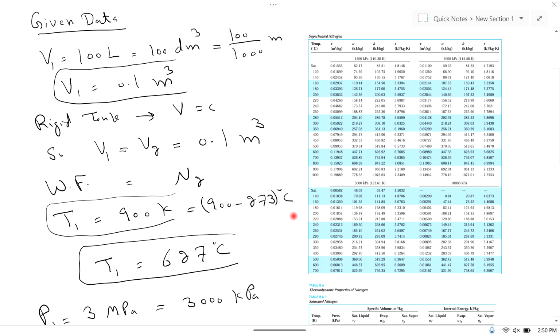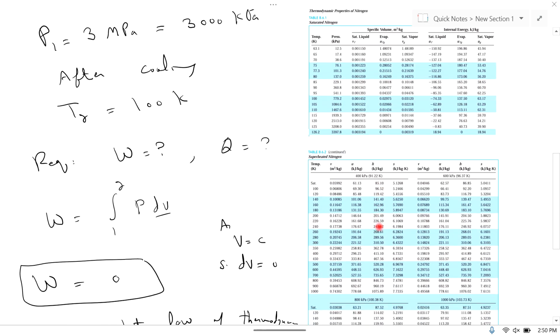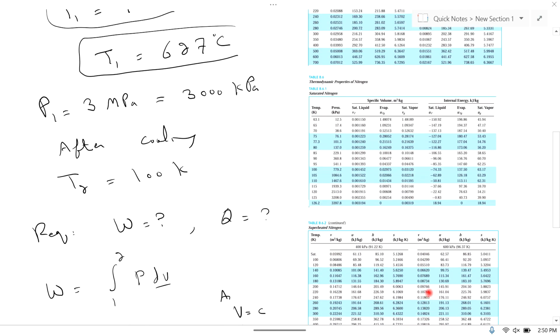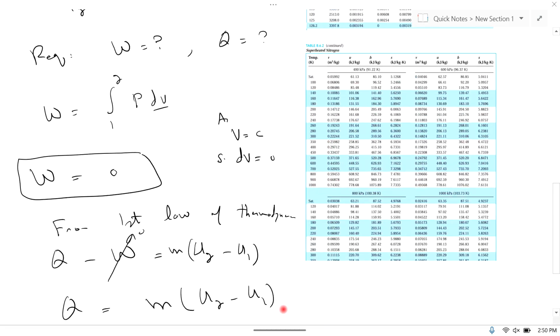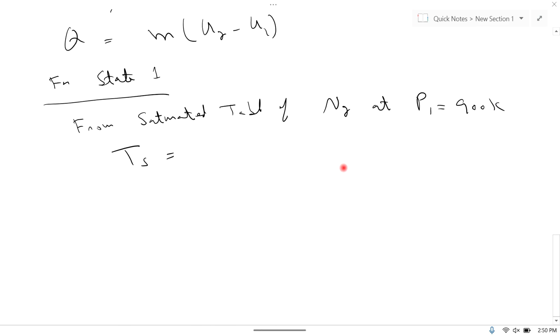Let me check it in saturated. This is saturated nitrogen, and here this is temperature in Kelvin. Pressure is given to us. Sorry, we will check this: pressure 3000 kilopascal.